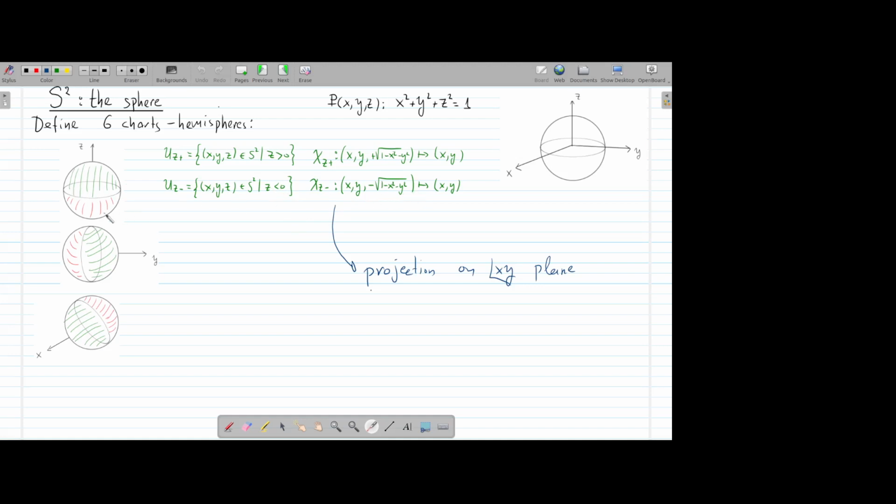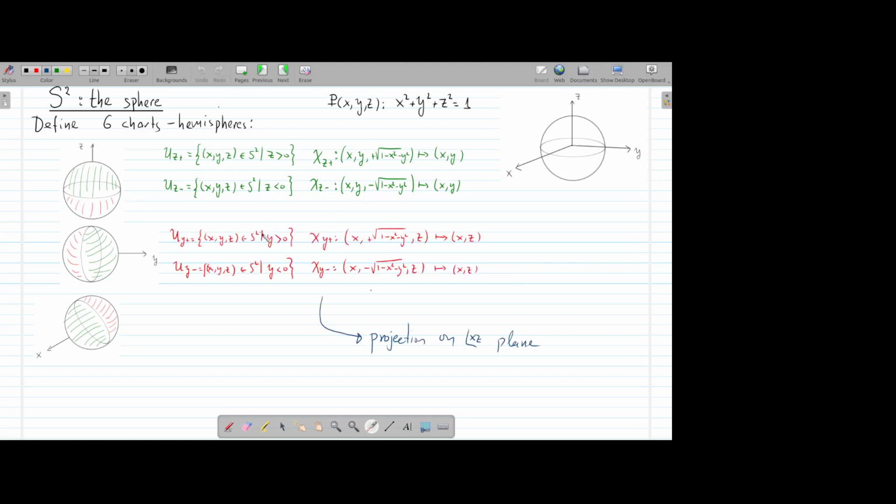By projecting those points onto the same xy plane, those points have coordinates in this chart to be x and y. So you see these are 2 different charts giving 2 points in the northern hemisphere and southern hemisphere of the sphere the same coordinates, but they actually belong to different points on the sphere.